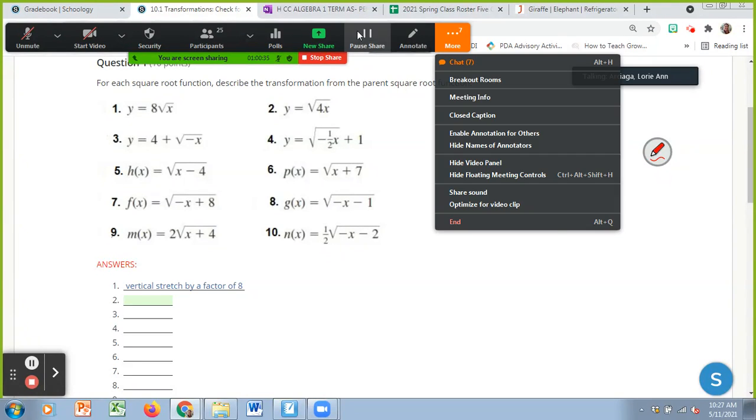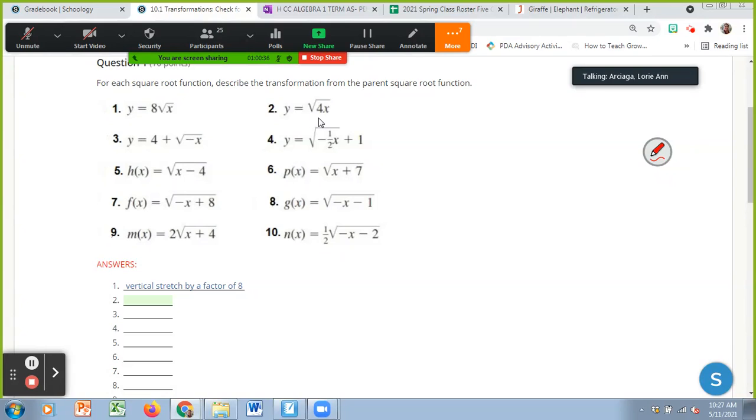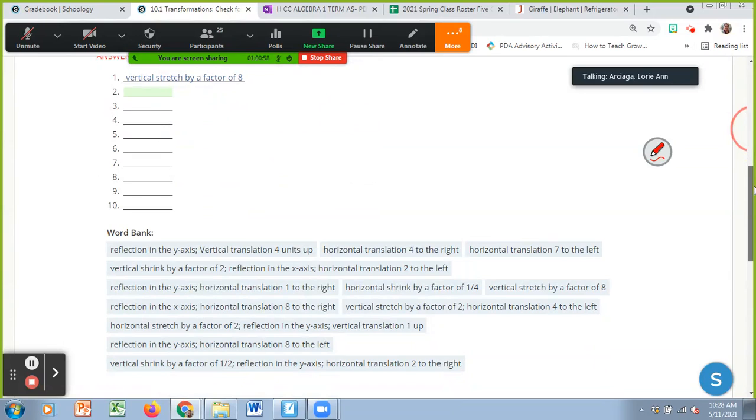Now we're not going to look for 4 because remember it's the opposite, so you're going to get the reciprocal of 4. So don't look for 4 in the choices. You're going to look for horizontal shrink by a factor of what's the reciprocal of 4? 1 over 4. Very good. Okay, let's find that. Horizontal shrink by 1/4.